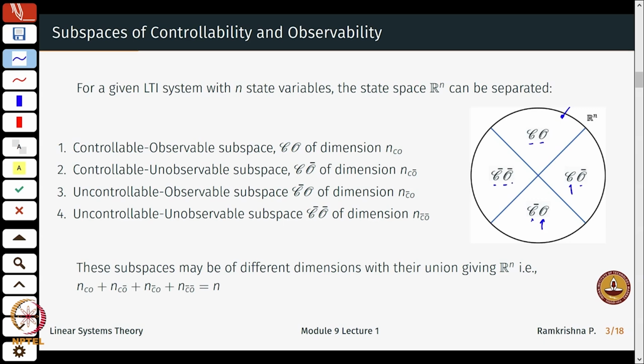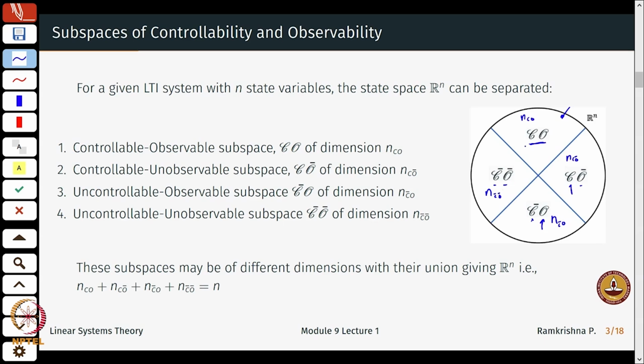And we say let us decompose this system into these 4 kinds of subspaces, where the part which is both controllable and observable, I call it of dimension NCO. The part which is controllable but not observable, I call it NCO bar, the part which is observable but not controllable, I call it NC bar O, and this is the part which is neither controllable nor observable.